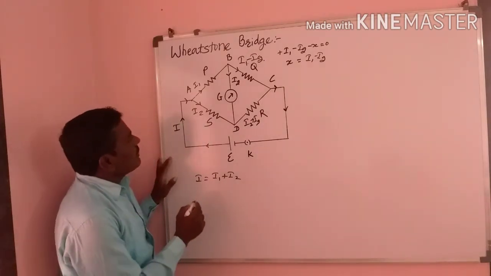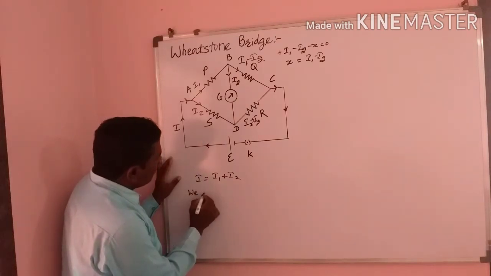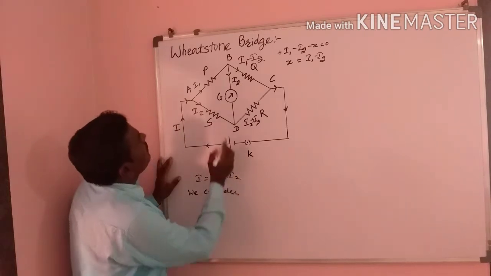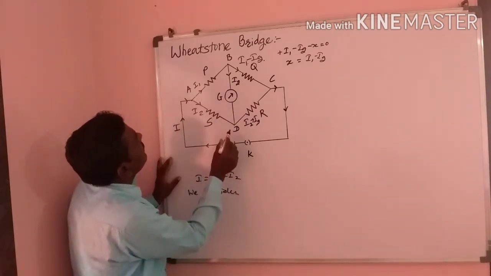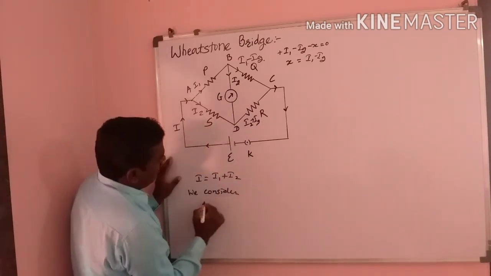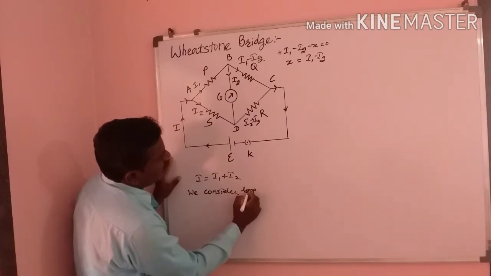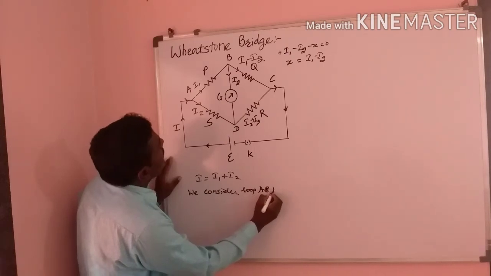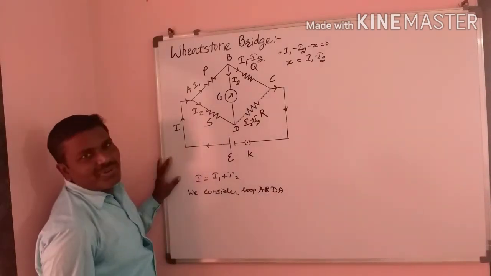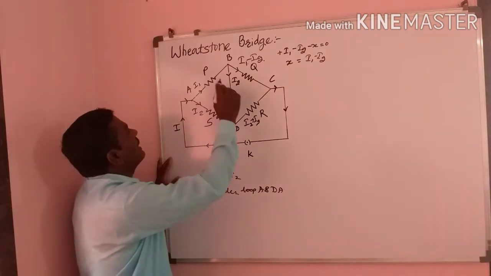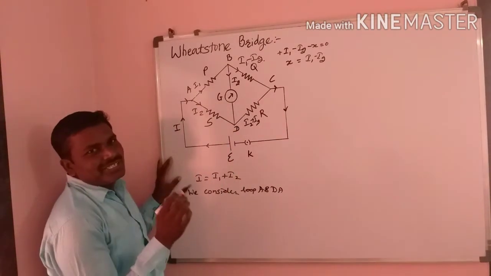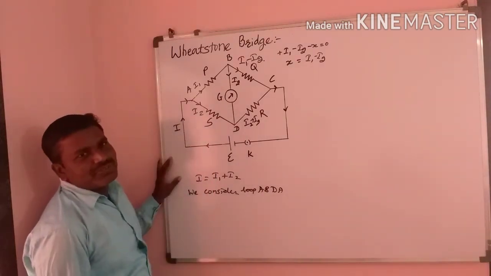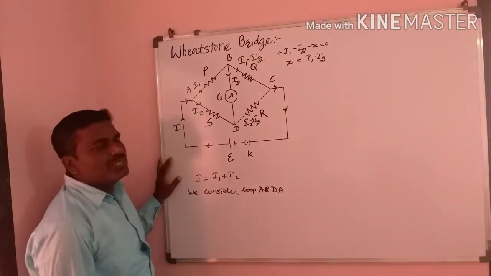If we consider the loop ABDA in a clockwise direction and apply Kirchhoff's voltage law, the summation of potential differences and EMF is always equal to 0.